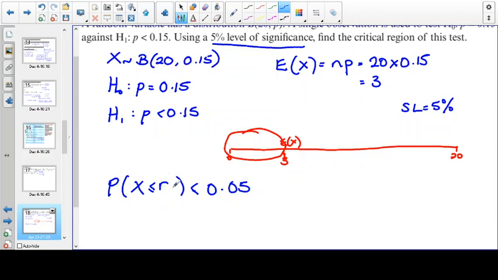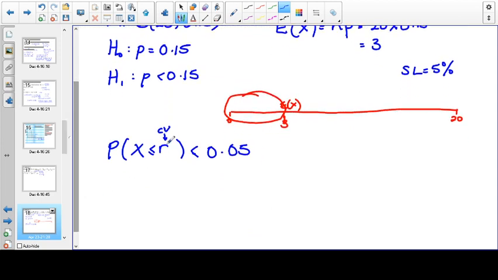And this is the unknown, which in this case is going to represent our critical value. That is our critical value that's going to be somewhere in here. So all we need to do is test numbers less than 3, and the biggest one that goes below 0.05 is going to be our critical value.